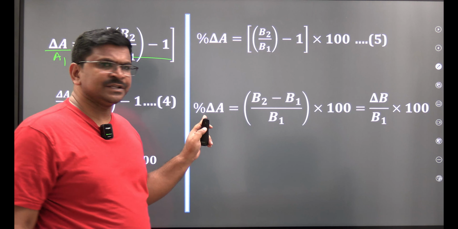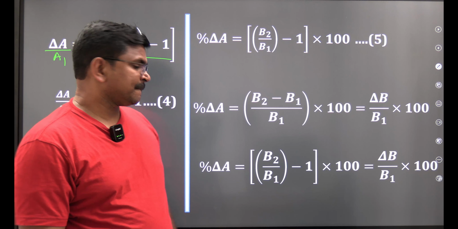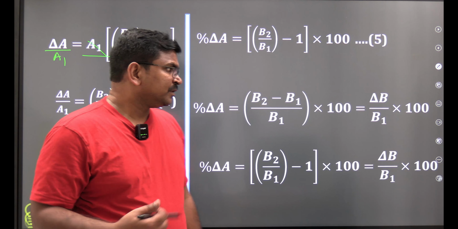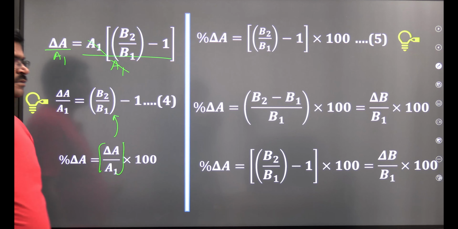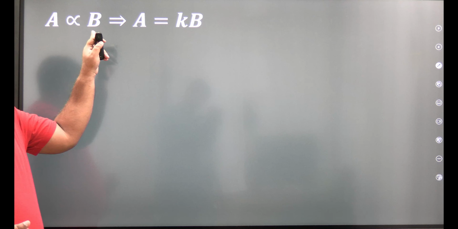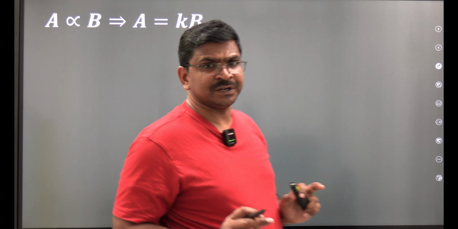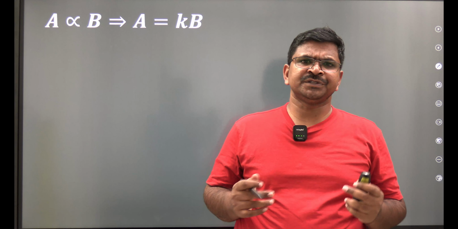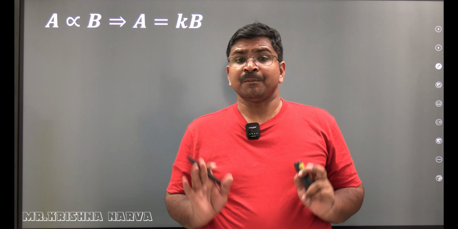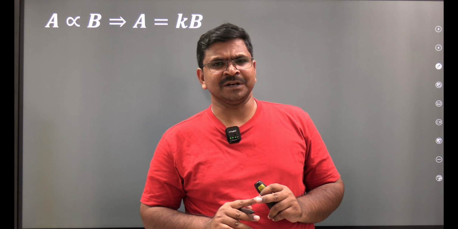So if you want the percentage change in A, that is going to be equal to the percentage change in B. Right? Now, let me give you another idea. Suppose A is directly proportional to B, A equals KB. For this direct proportion, in physics or chemistry, in science, there are possible application level questions from the examiner.